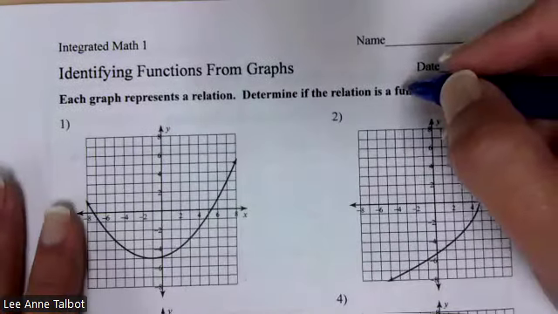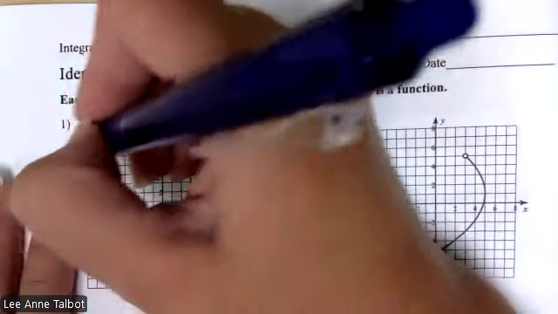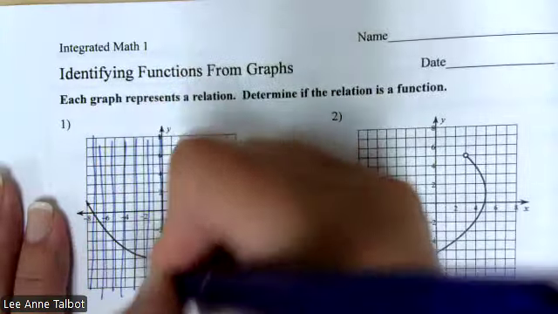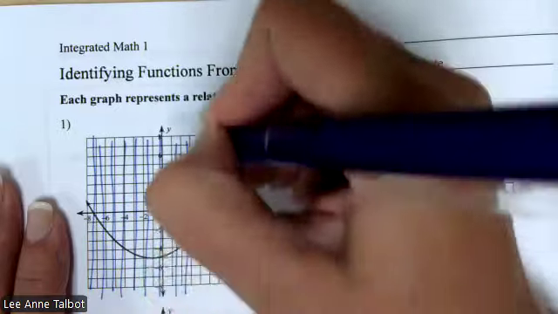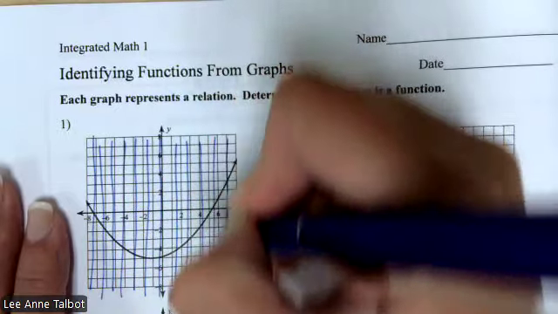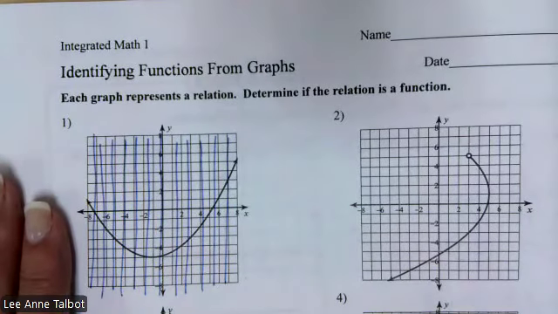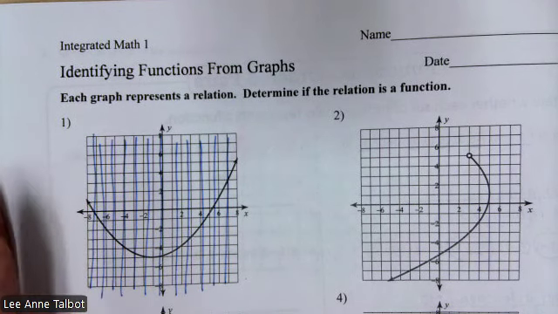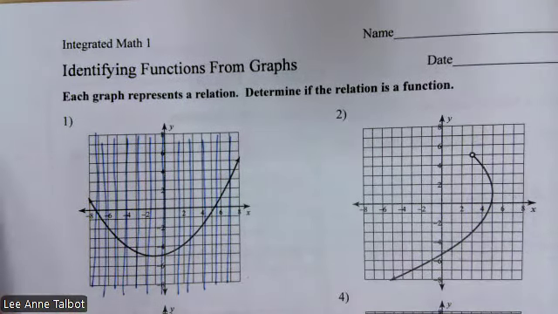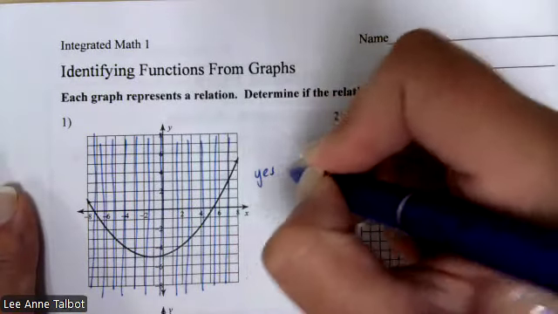Each graph represents a relation, determine if it's a function. Okay, so draw vertical lines. It doesn't need to be pretty or perfect. Do any one of those vertical lines touch the graph twice? No. So yes, it's a function.